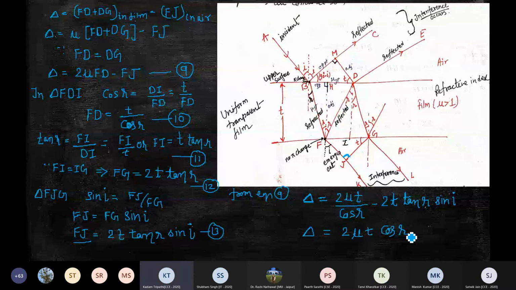Yes, ma'am, I have received the same answer. Yes, the same answer. Here we will apply the same Snell's law for the mu, and we will convert tan into sine over cos. When you solve it, you will get this one.